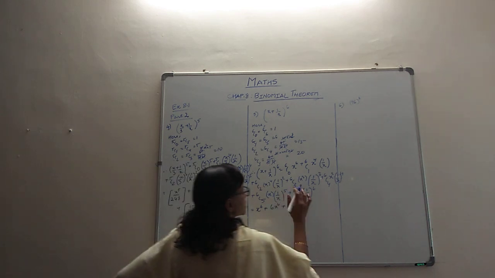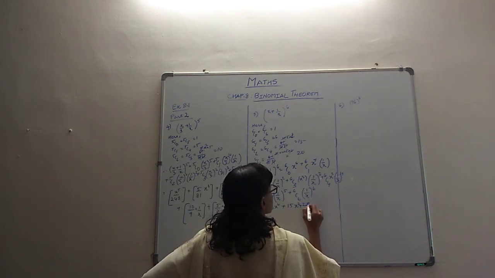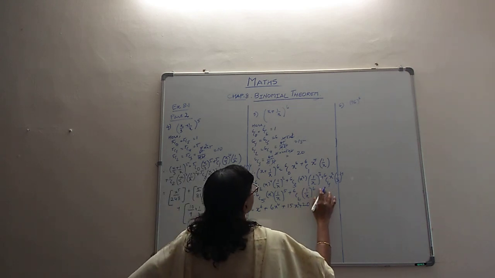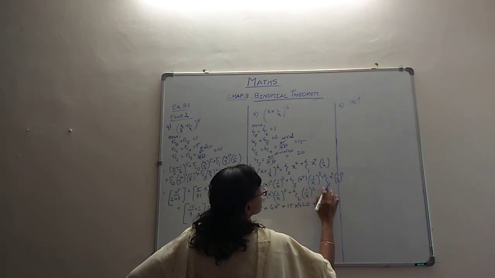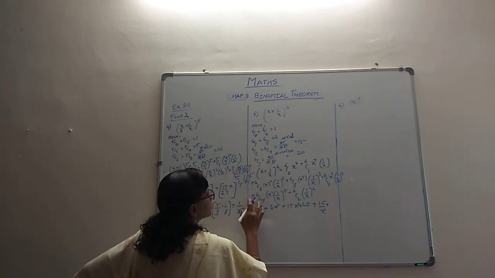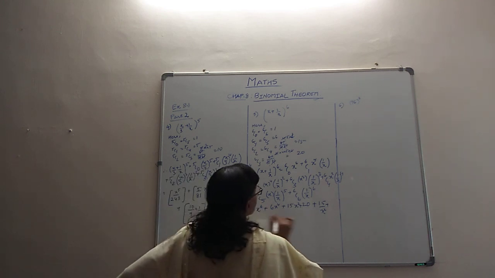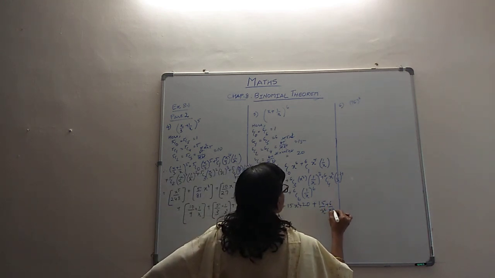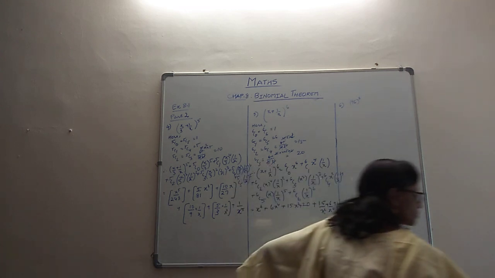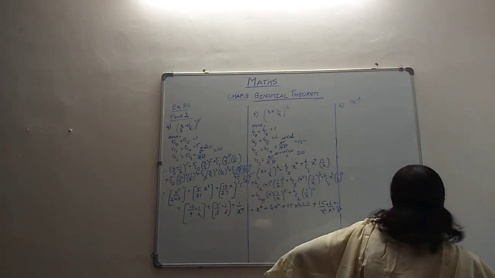And this is 20, and both the x cubes are getting cancelled, so it's a term without any x. 6C4 is 15, so it's 15 by x^2. Then this is 6 by x^4 and 1 by x^6, like before. Let's quickly check if the answers are correct. x^6.